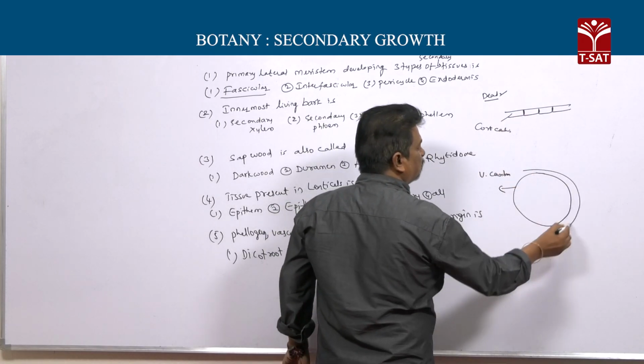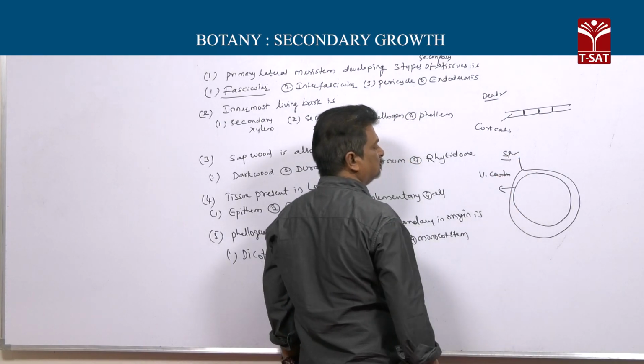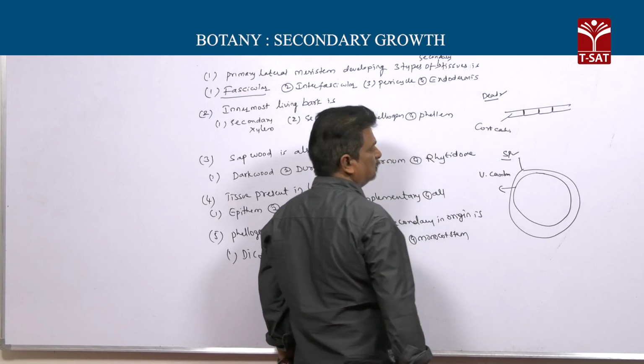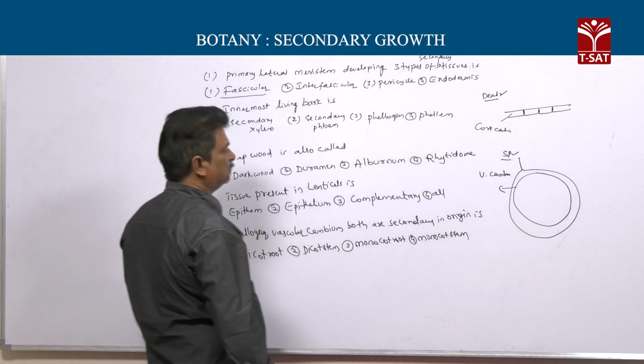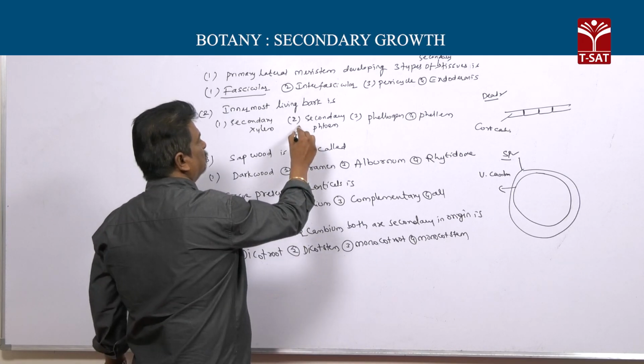So, just outside the vascular cambium, secondary phloem is present. So the innermost layer of living bark is secondary phloem or bast.